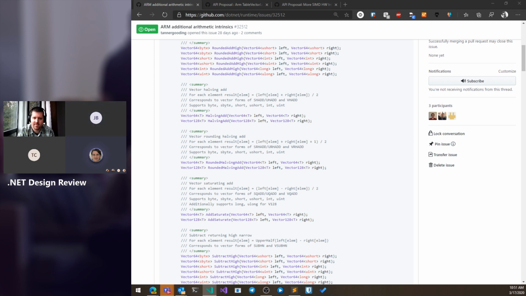I guess if it's add halving result or something, maybe that will be clear enough to users that it's an add and then a half, rather than half the inputs and then add them. Yeah, I think you probably want to. I mean, the primary instruction is clearly the add, right? Clearly the add, right? Yeah.